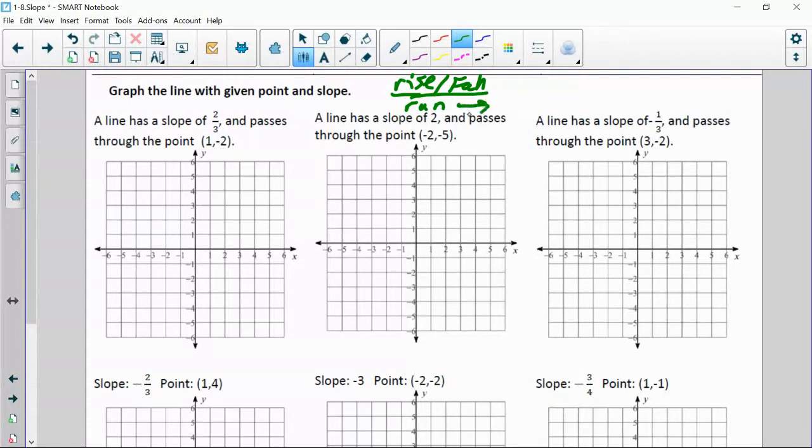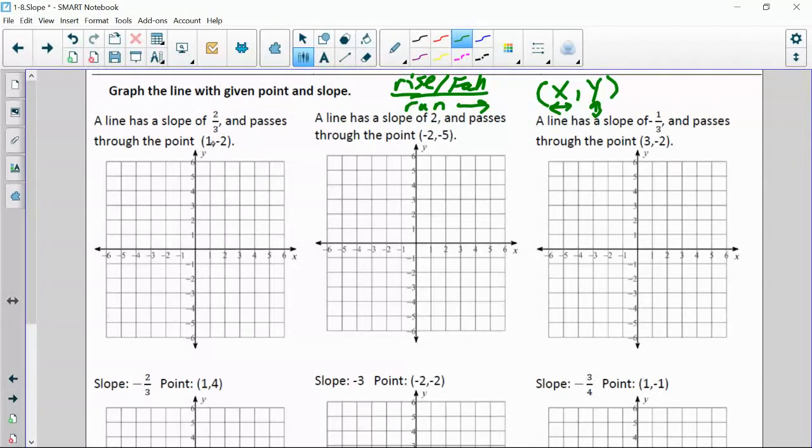And we always run to the right. An ordered pair is always given as our x and our y. And x tells us which way left or right, and y tells us which way up or down. A quick review on that one.